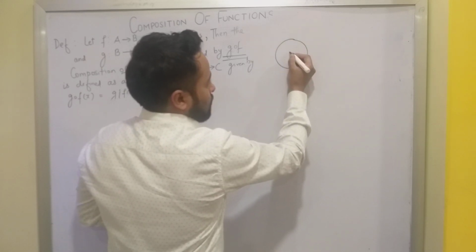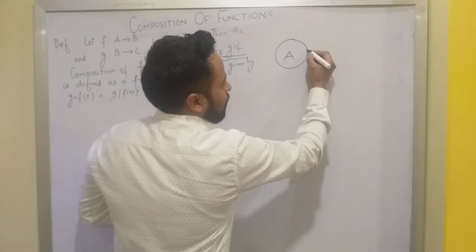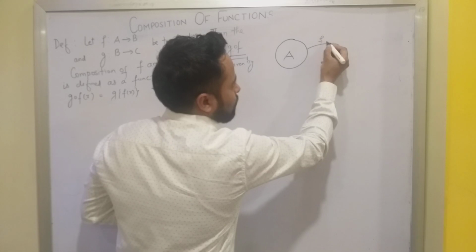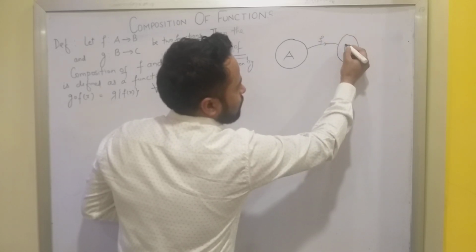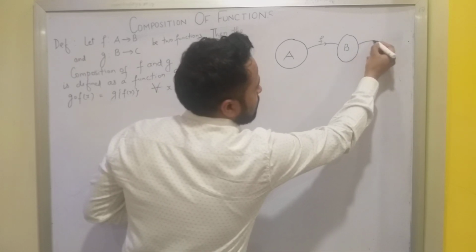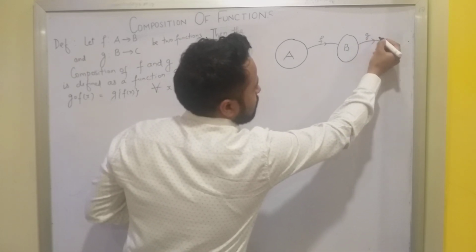This is set A, which undergoes a function f to set B. Then from set B to C there is one function, which is g.